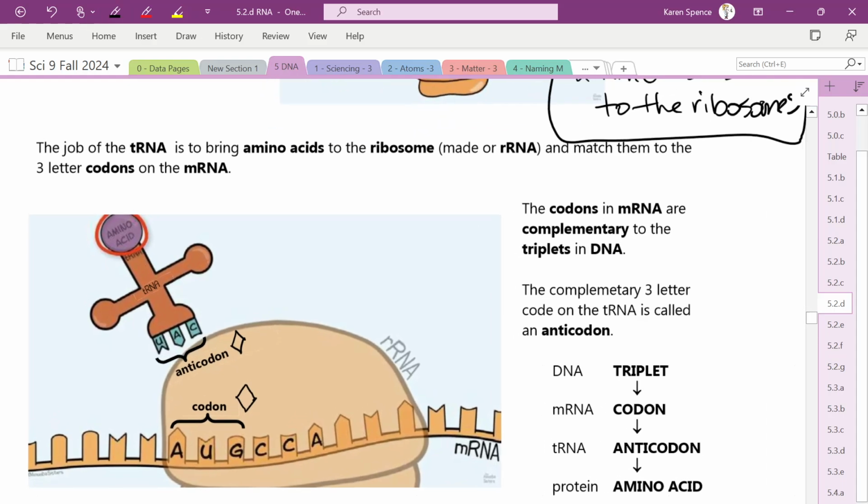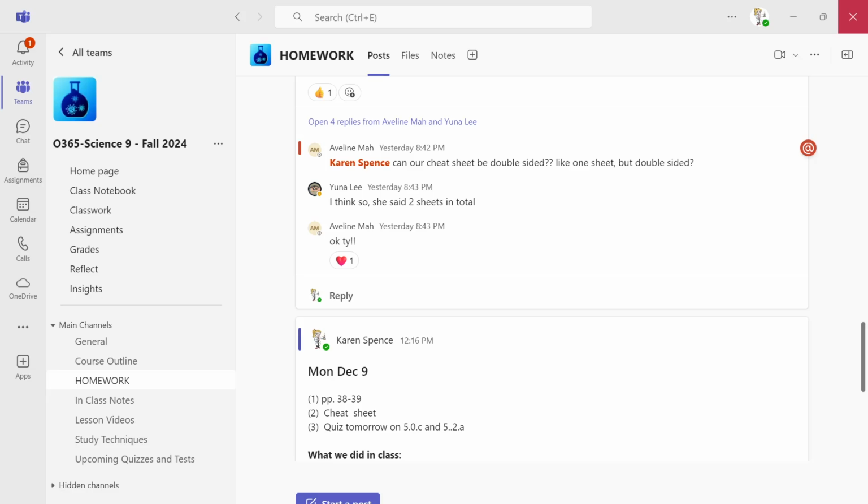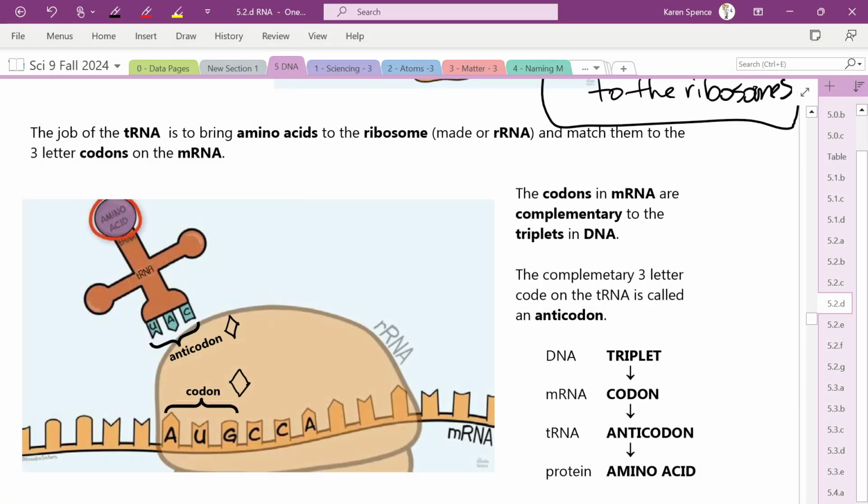So the 3-letter code on the mRNA is called a codon. The anticodon is the matching.